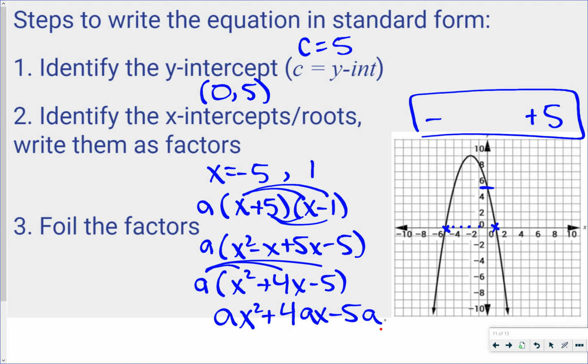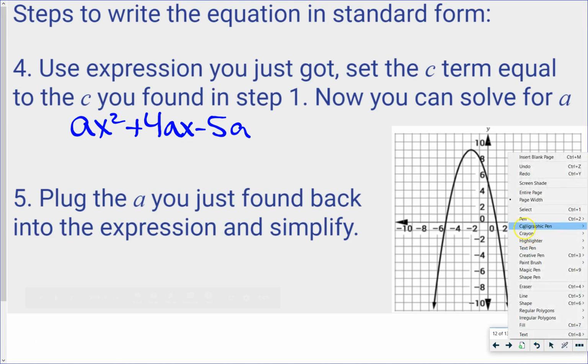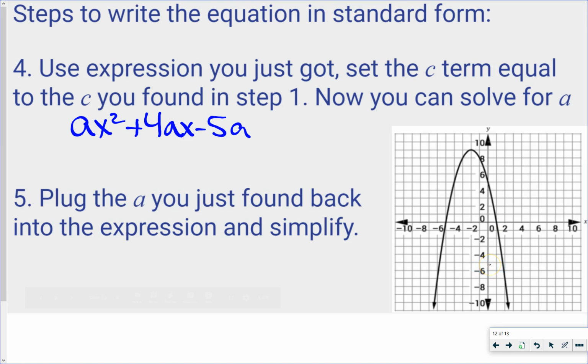Plus 4ax. Okay, so yes, from the beginning, we know that C has to be 5.